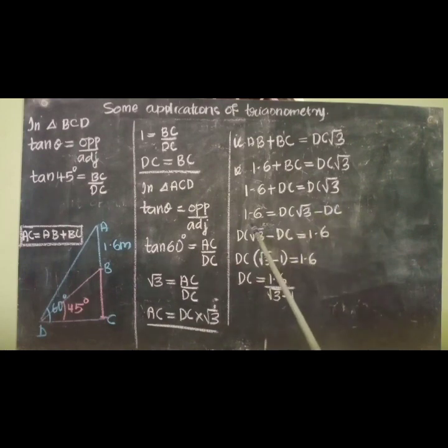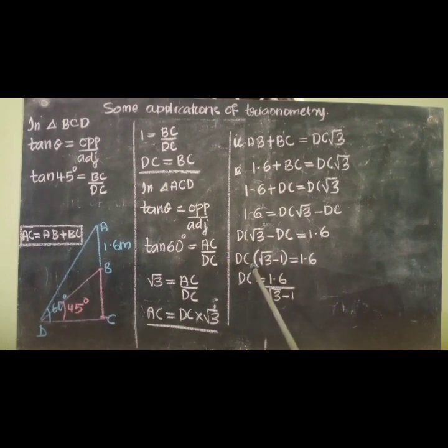We get DC root 3 minus DC equal to 1.6. DC you can see here common. We can take it outside. We get DC into root 3 minus 1 equal to 1.6.